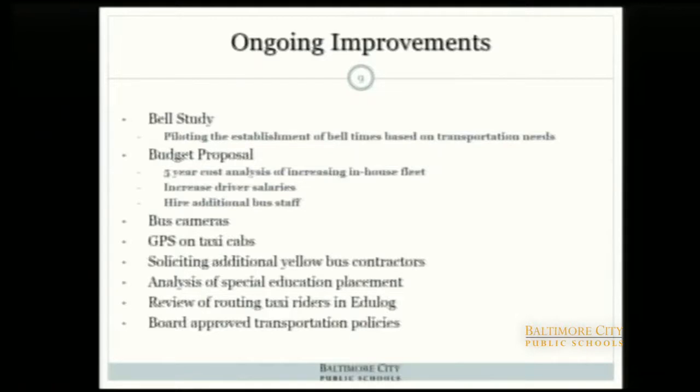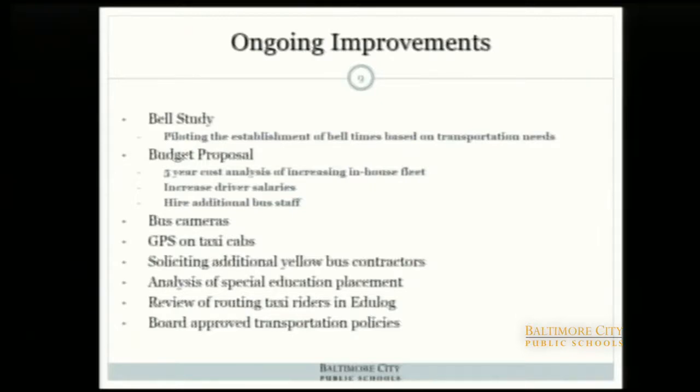GPS on taxi cabs, we don't have that now, but that's something that we're looking to do next year. This will allow us to see where all of the cabs that serve Baltimore City students are, what time they got to schools, et cetera. And it'll also help us with accident investigation, because it tells us the speed of the vehicle at the time of the accident. Soliciting additional yellow bus contractors, we are currently doing.